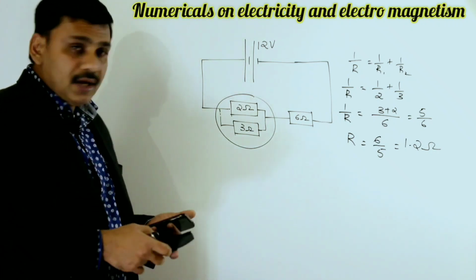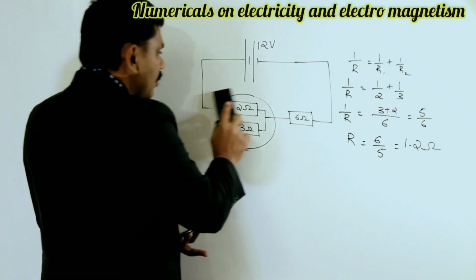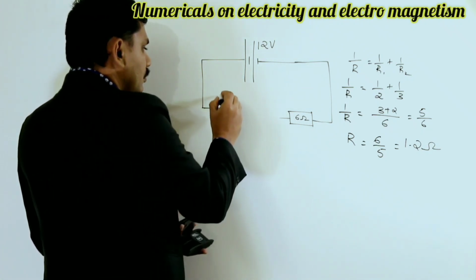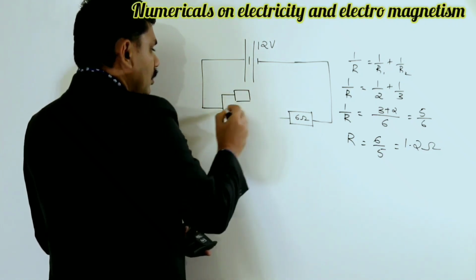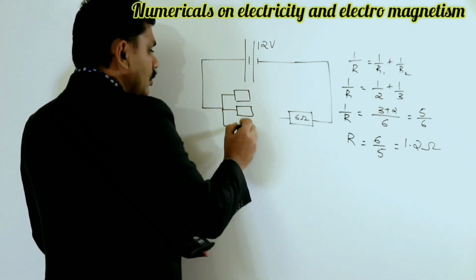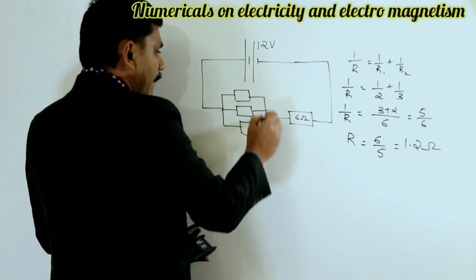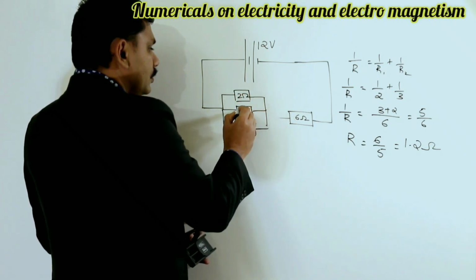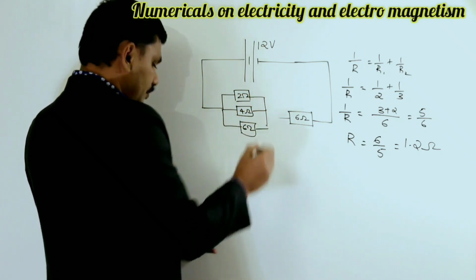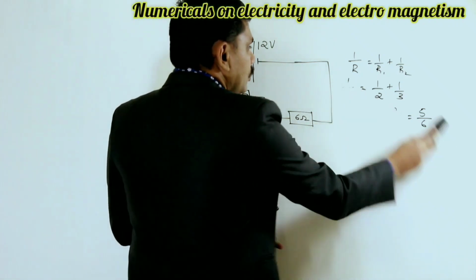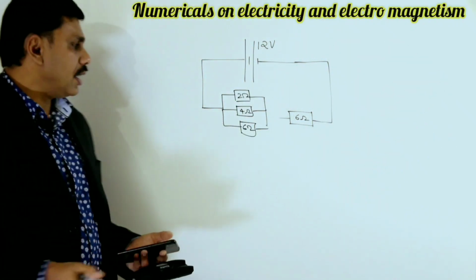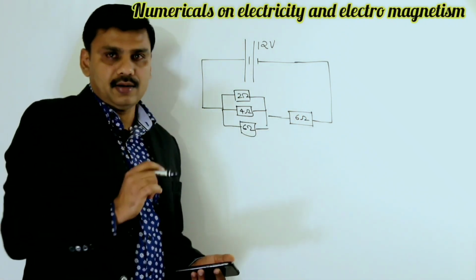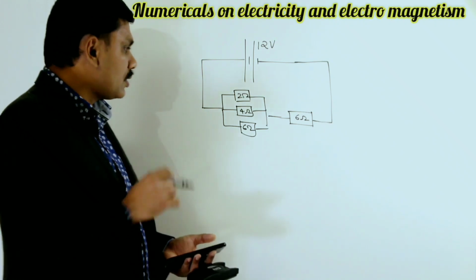Okay. If there are 3 resistors, for example 2 ohm, 4 ohm, 6 ohm connected in parallel, how to get the equivalent resistance of that?